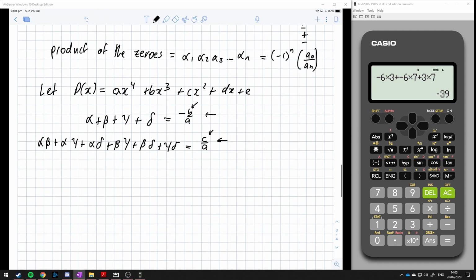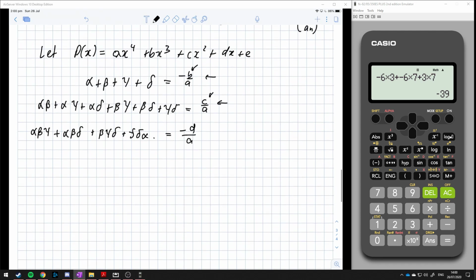Okay, then we've got the triples. So it's going to be alpha beta gamma plus alpha beta delta plus, now I've got to be careful, beta gamma delta plus gamma delta alpha. And that one's equal to minus d over a.